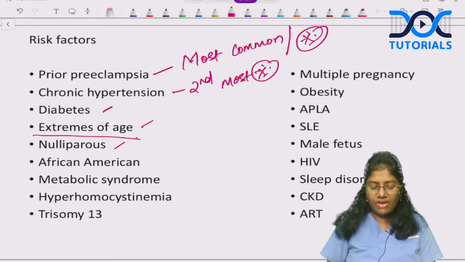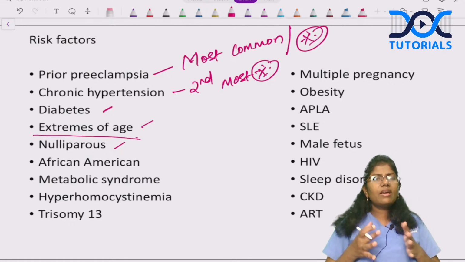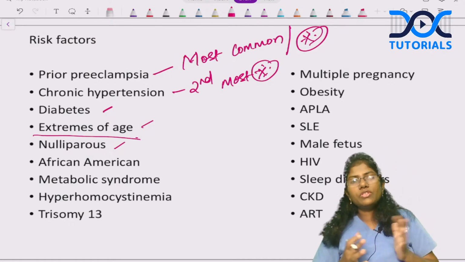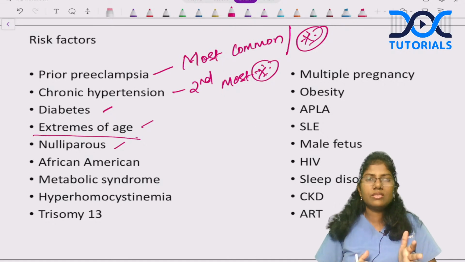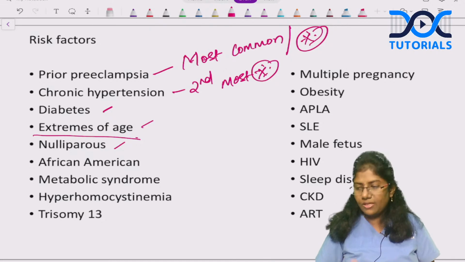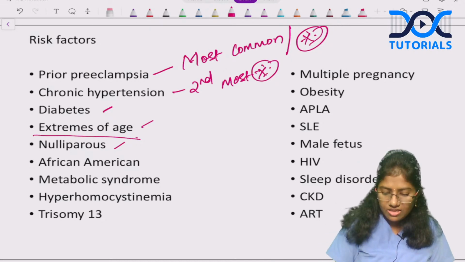Nulliparity again is a risk factor. When I ask this question, most students would say multiparity is a risk factor, but no, nulliparity is the risk factor. Any woman getting pregnant for the first time is at more risk for preeclampsia than a woman who is pregnant for the second or third time.